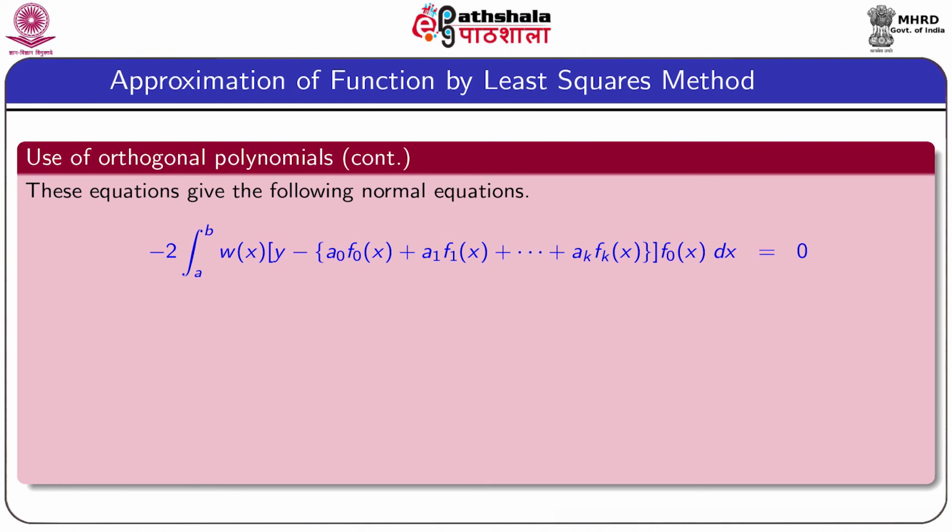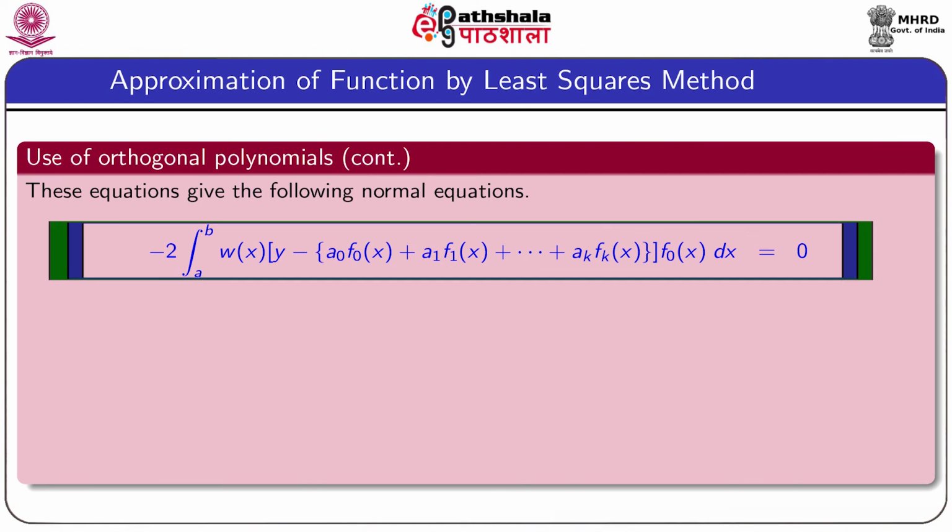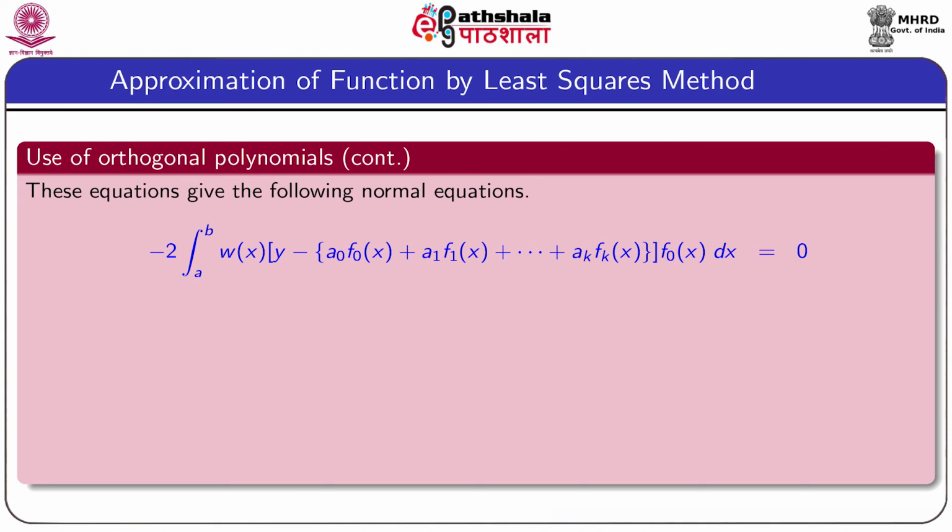After differentiation, the first normal equation is minus 2 into integration a to b w(x) into y minus a0 f0(x) plus a1 f1(x) plus dot dot dot plus ak fk(x), whole into f0(x) dx equals 0.